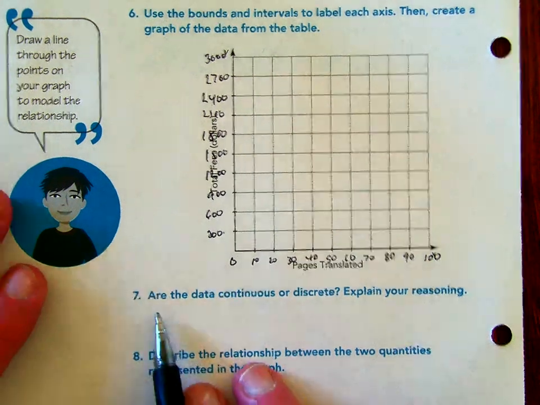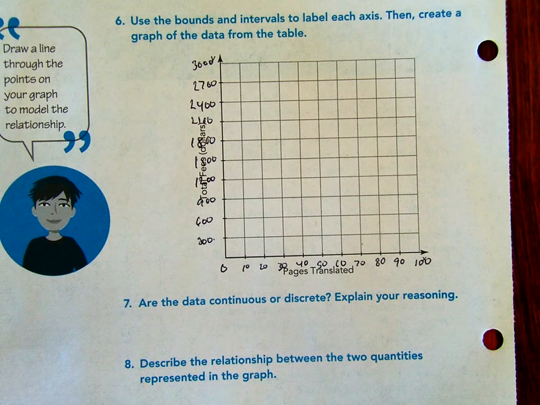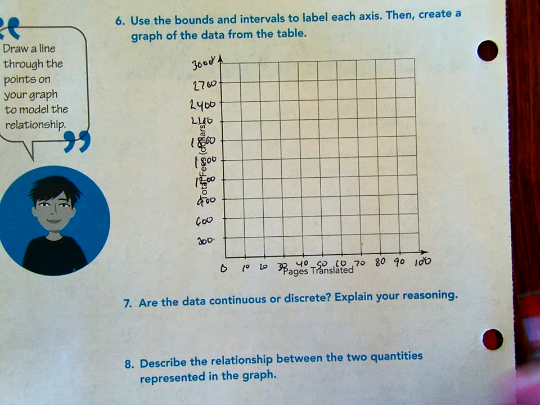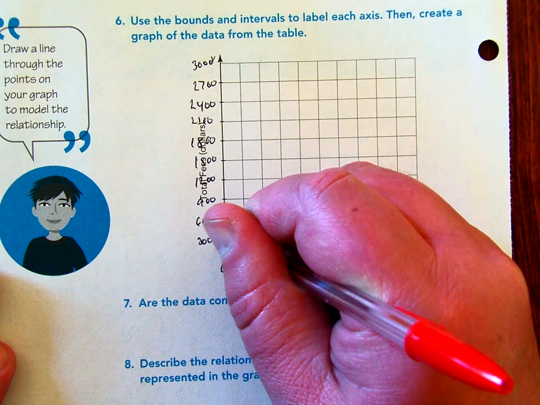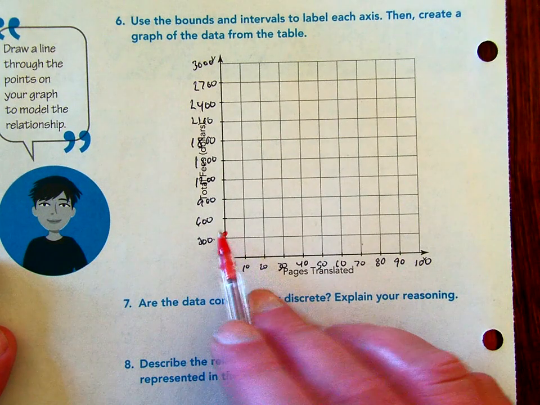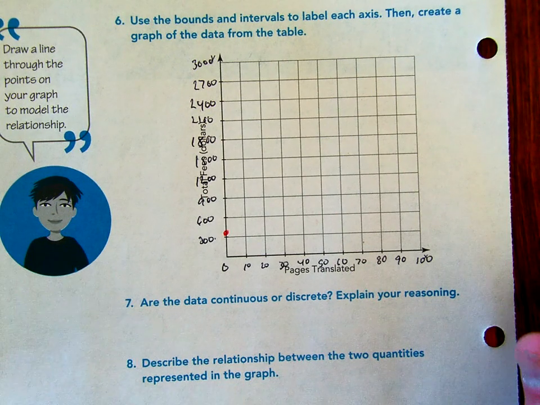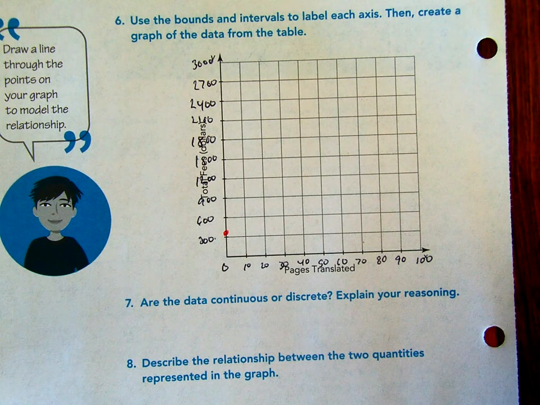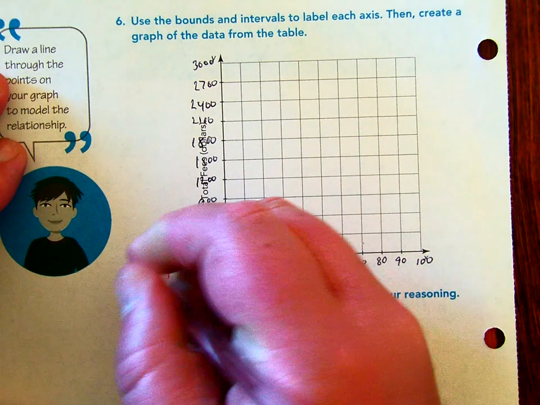And then they're asking us to create a graph with this data. If she was hired on to do the job, if she translated less than a full page, I'm going to put my line right there. If she were to do 100 pages, how much would she make with 100 pages? So that would be 25 times 100 plus 325.